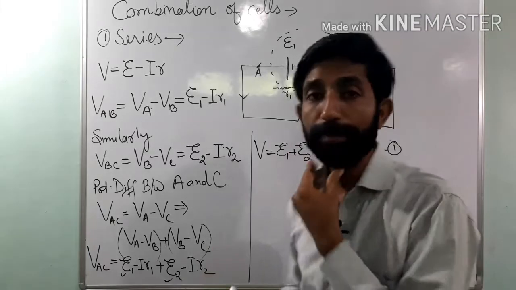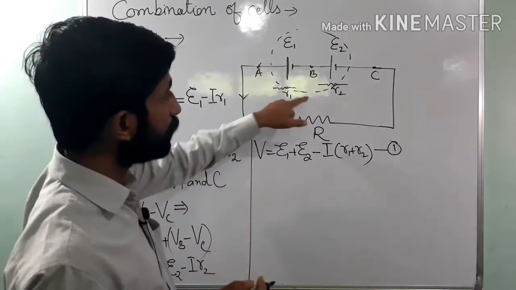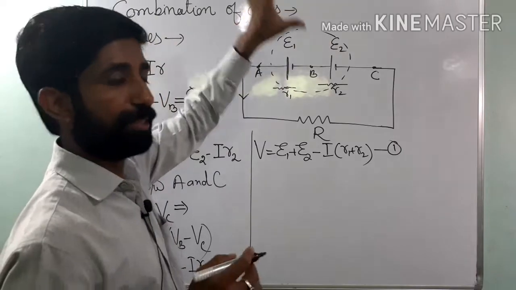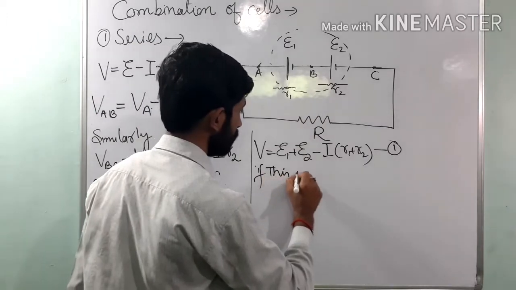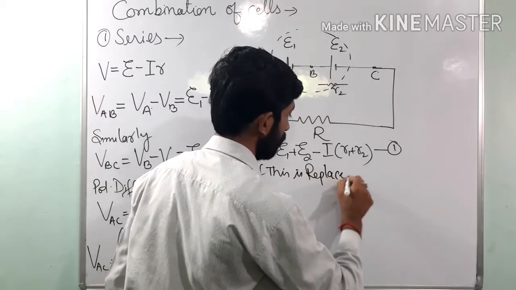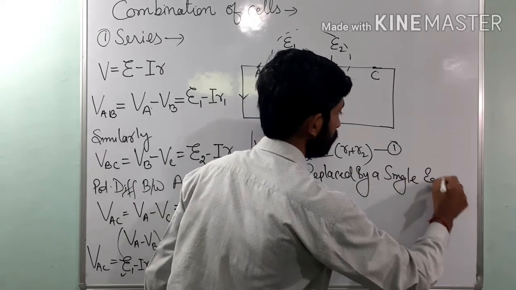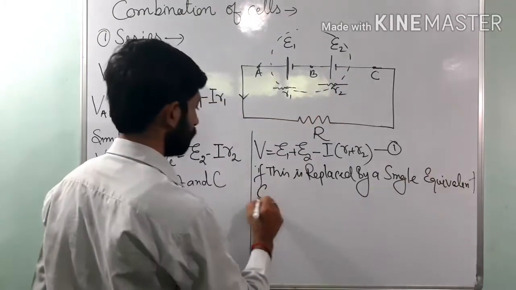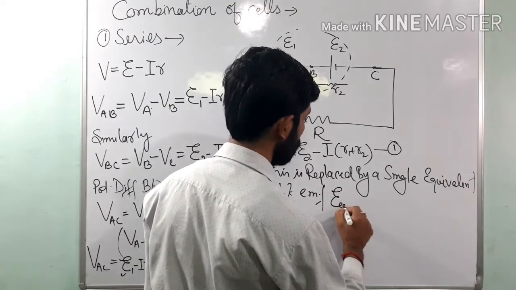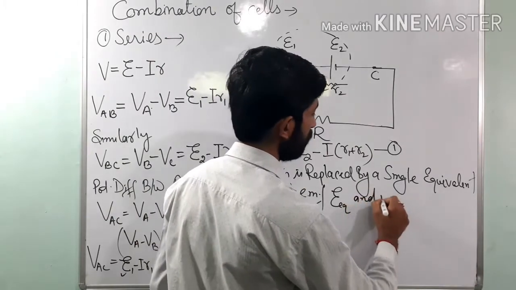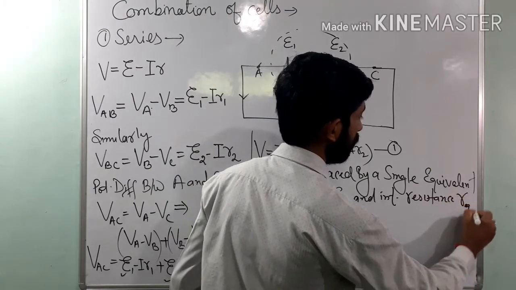If this combination of cells is replaced by a single cell which does the same job as was being done by this combination, so if this arrangement is replaced by a single equivalent cell of EMF E equivalent and internal resistance R equivalent.